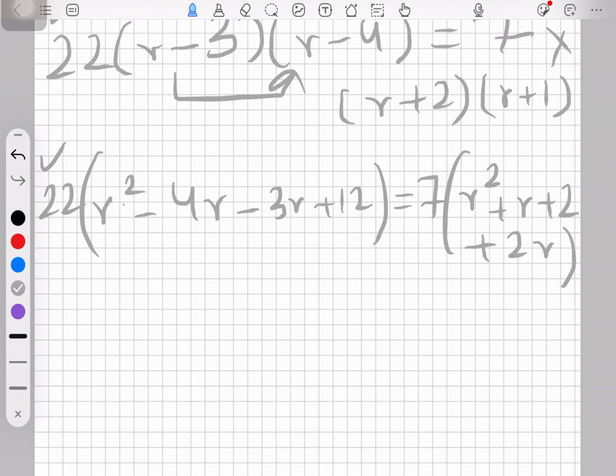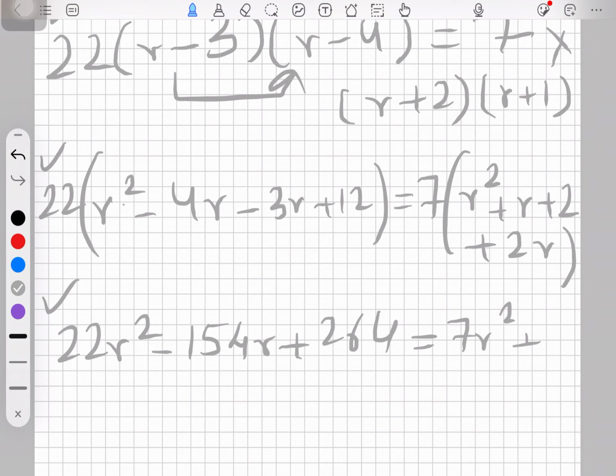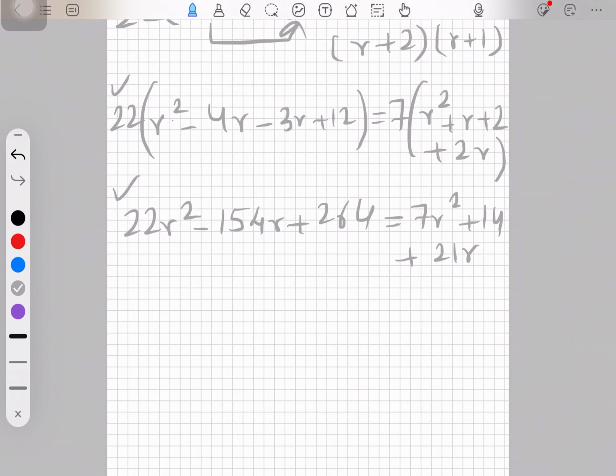So if you multiply the numbers, we get 22r square minus 154r plus 264 is equal to 7r square plus 14 plus 21r.